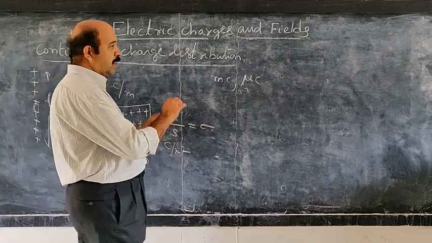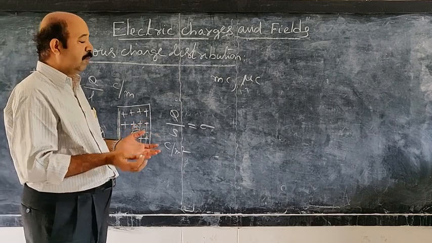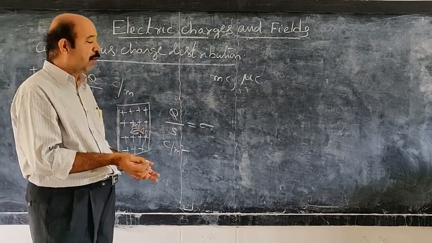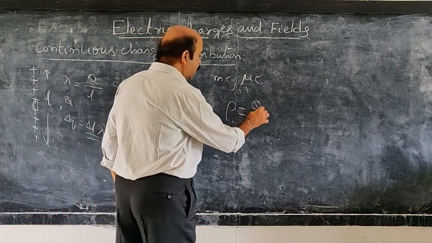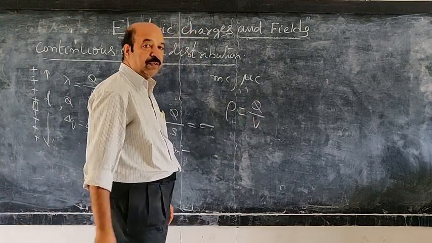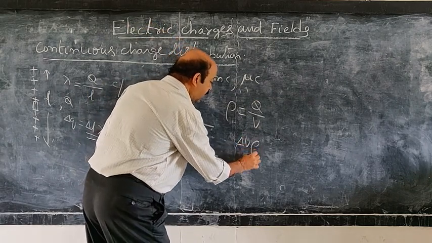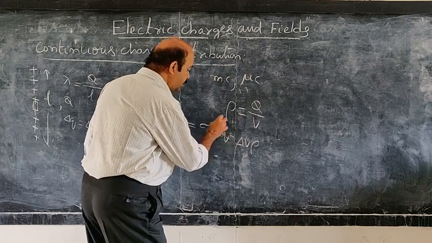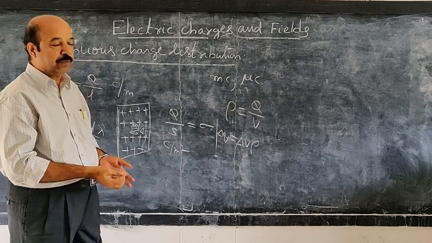Similarly, in case of a body in terms of volume, if the charge is distributed in the entire volume of the body, in such case the charge density is defined as total charge by total volume. So any volume element delta V, when multiplied with the charge density, gives the charge possessed in that small volume.